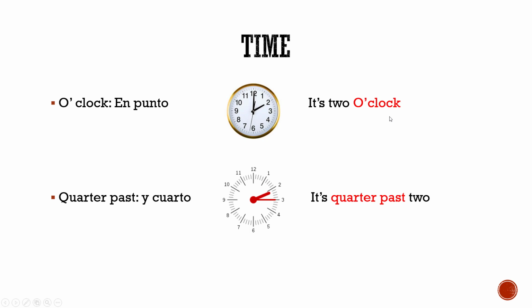The second way to say the time in English is quarter past. Quarter past. Y cuarto. So look at this clock. It's quarter past 2. Son las 2:15.